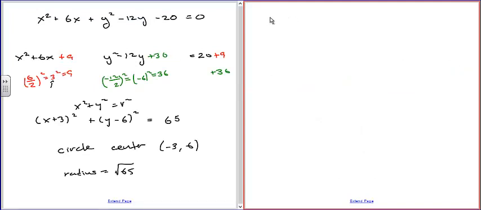Okay, so let's do 4x squared minus 36x plus 3y squared plus 12y plus 5 equals 0.